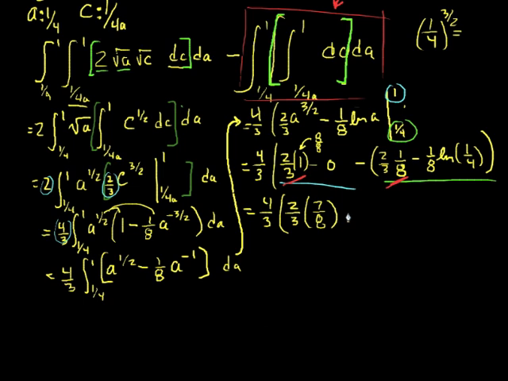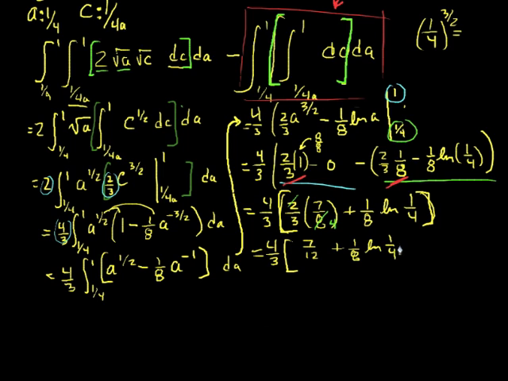Then we're going to add, because it's minus a negative 1/8, 1/8 natural log of a quarter. Remember this is all being multiplied by 4/3. We have 2/3 times 7/8; the 2 and the 8 cancel, leaving 4, and we have 7/12 plus 1/8 natural log of a quarter.